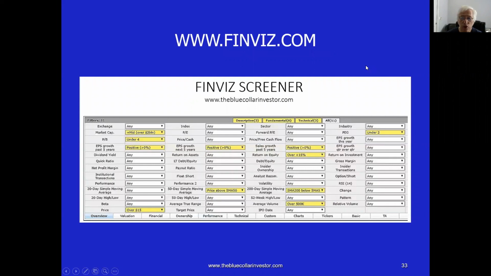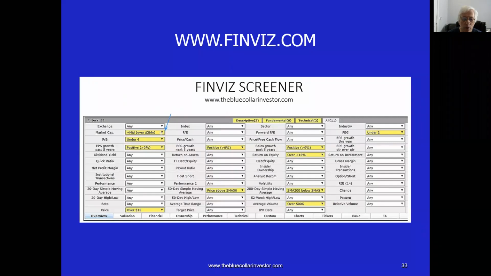And finally, let me show you the FinViz screener. If you go to www.finviz.com, there's a free screener. You could see all the drop downs over here, the drop down for market cap. And there are technical and fundamental drop downs.